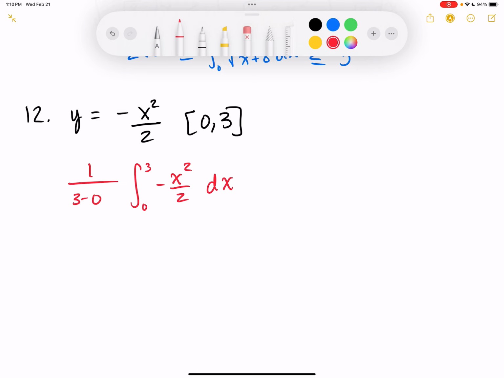And then we could take the negative out if we wanted, to make this negative 1/3 times the integral from 0 to 3 of x squared over 2 dx. At this point, we can use the calculator function if we want to type this in. Since it says to do that, we could also integrate it by hand, but we'll just use the calculator way.